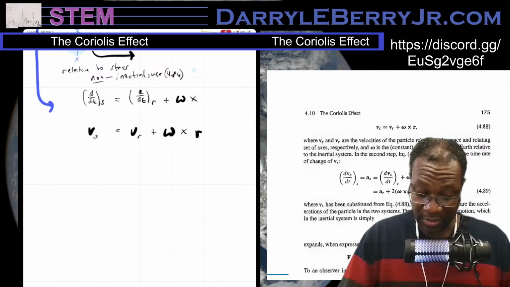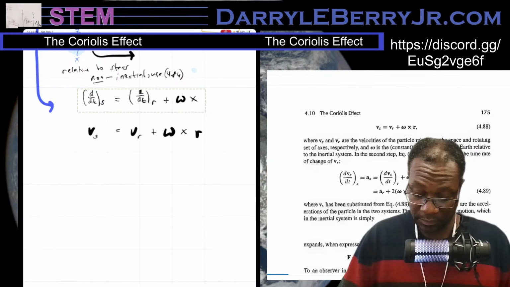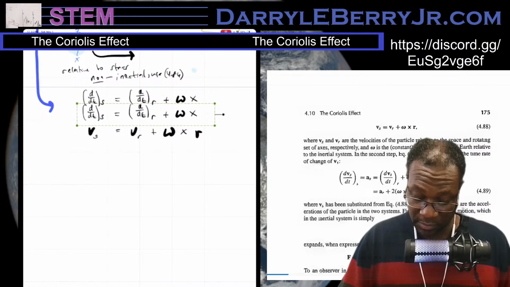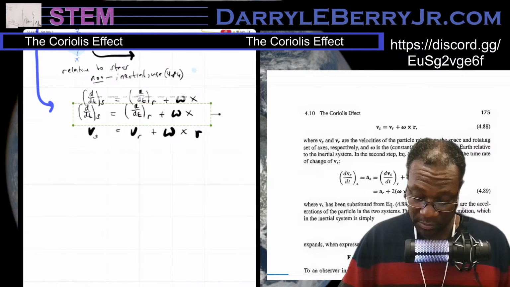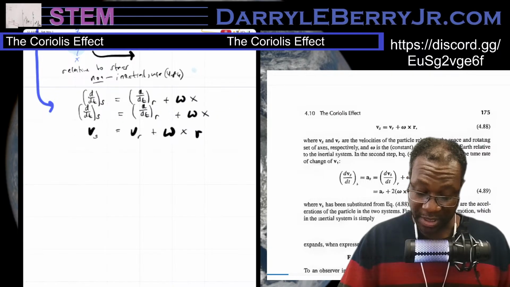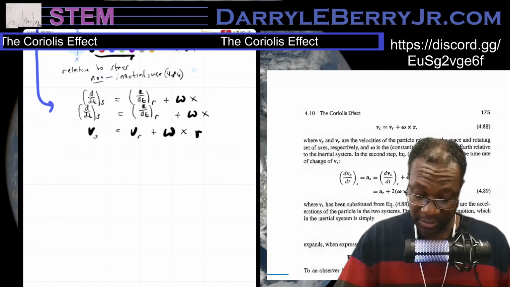I think what they did was they took this and multiplied both sides by r, is what I'm thinking.